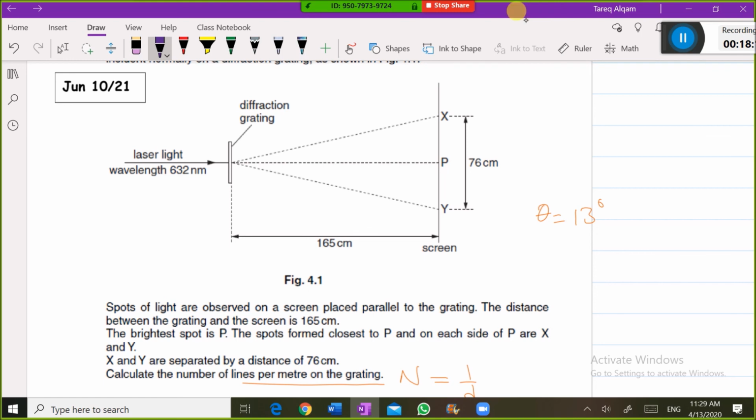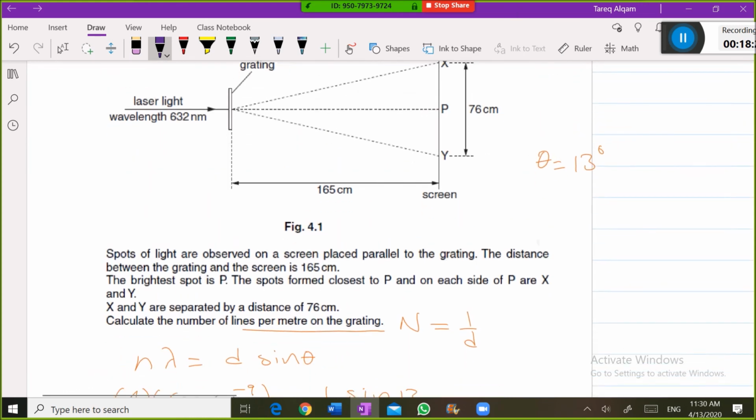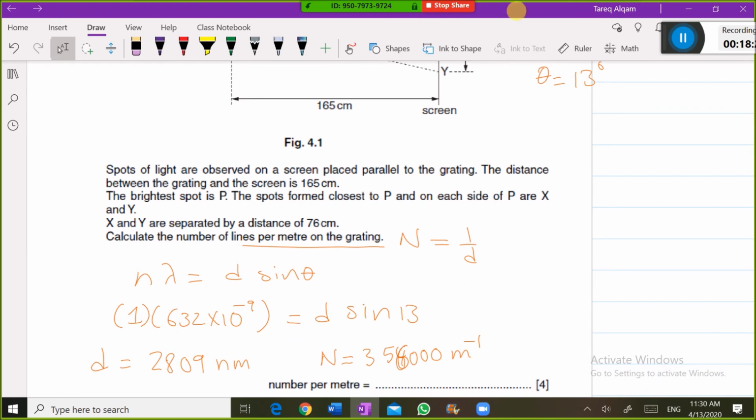I will show you how I deduced that. We are given the distance between the diffraction grating and the screen. A spotlight is observed on the screen placed parallel to the grating. The distance between the grating and the screen is 165. The brightest spot, what does this mean? Brightest spot means the central one.